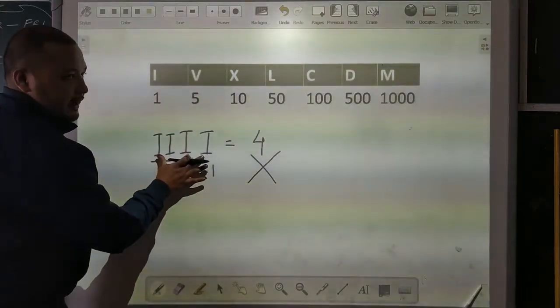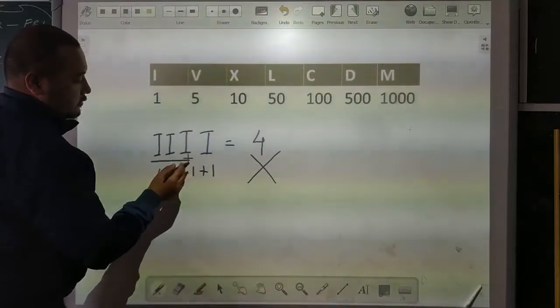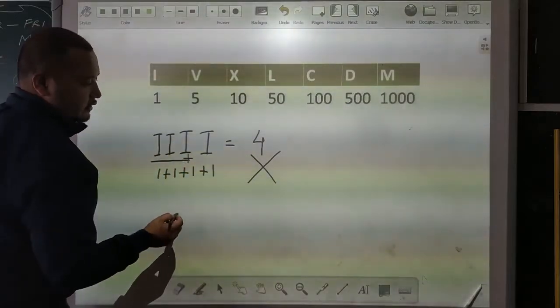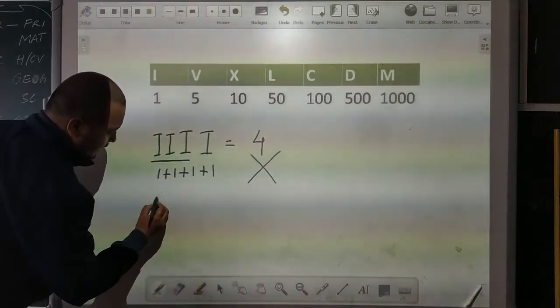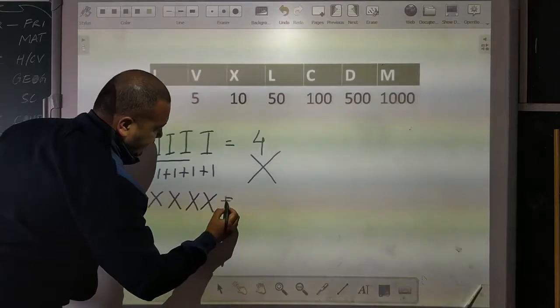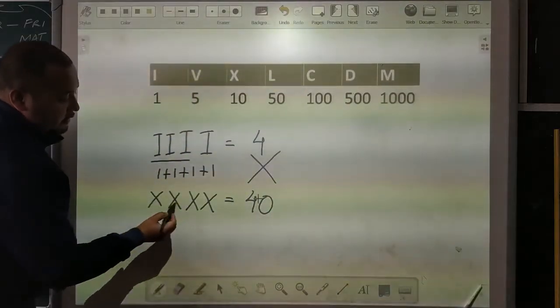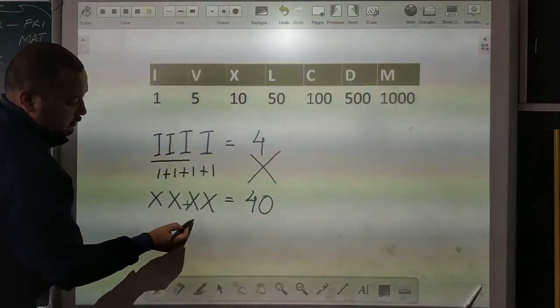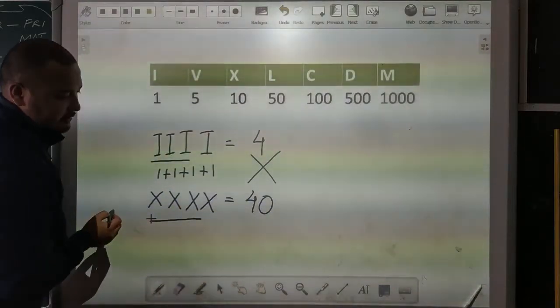Now I have repeated I 4 times here, which is incorrect. So this is not how you write 4 in Roman numerals. In the same way, I cannot write X, X, X, X 4 times and call it 40. Again, I have repeated the X symbol 4 times, which is wrong. I can only repeat it 3 times.